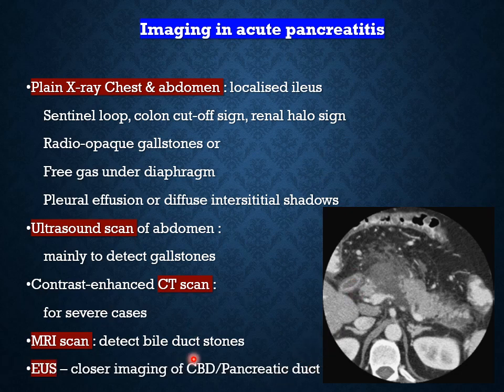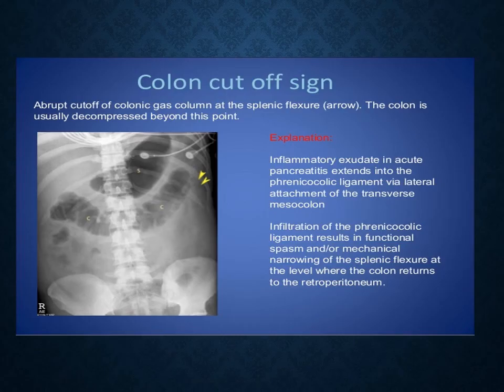This is a CT scan showing a massively enlarged pancreas. This is the tail, this is the head, with severe necrosis. This is a severe acute pancreatitis. This is a cutoff sign. It shows a localized ileus and distension of the transverse colon due to ileus of this area, due to the underlying acute inflammation of the pancreas.